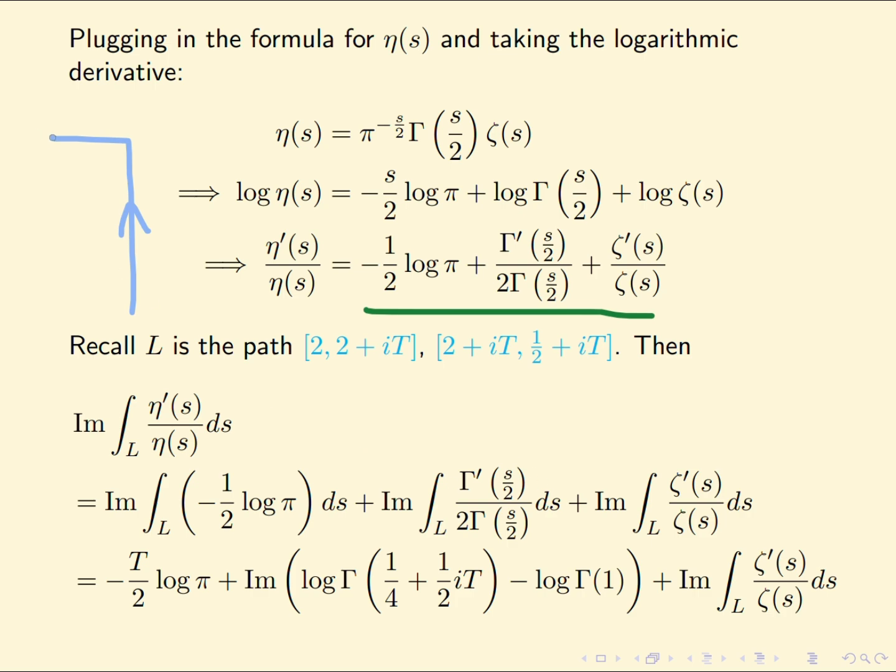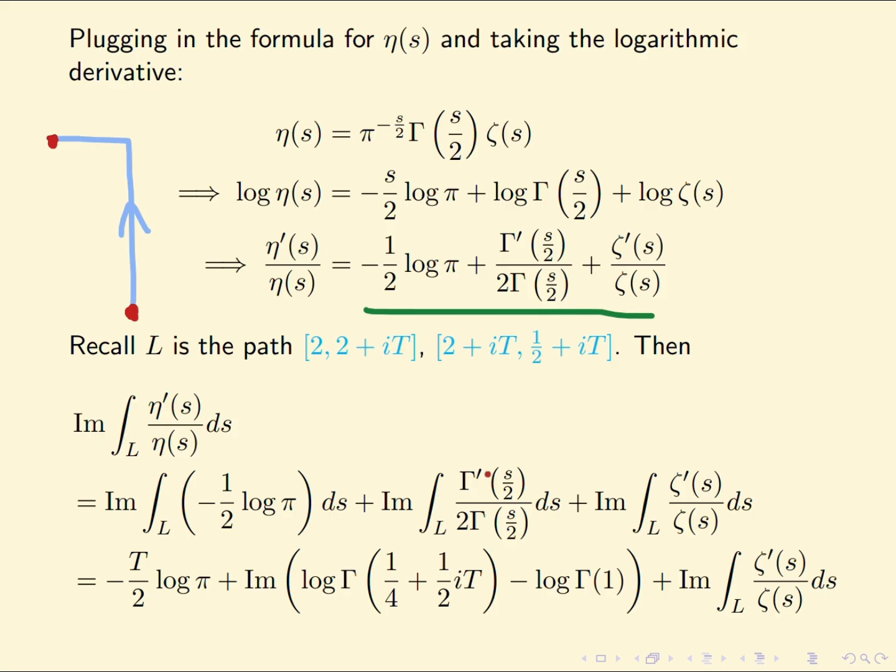I'm just going to say that I can evaluate the antiderivative at this point and subtract the antiderivative at this point. And you have to be careful here because of how complex log works, you can't wind around the origin a bunch. But we'll see that everything does work out nicely here.